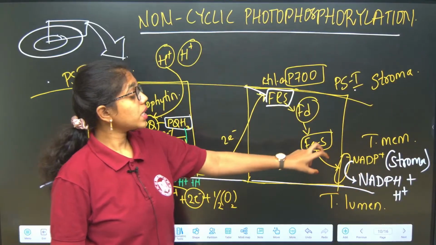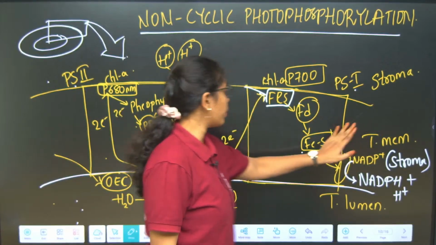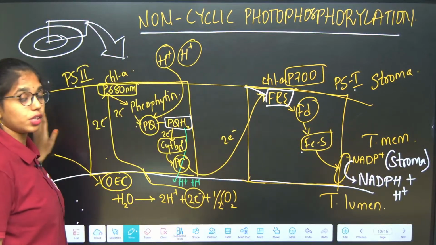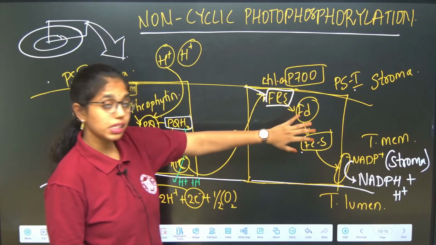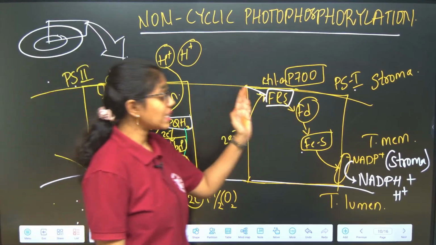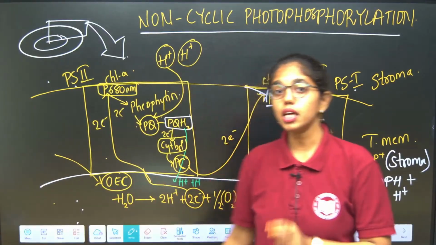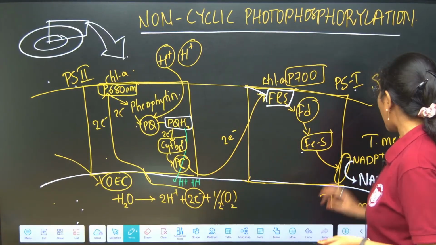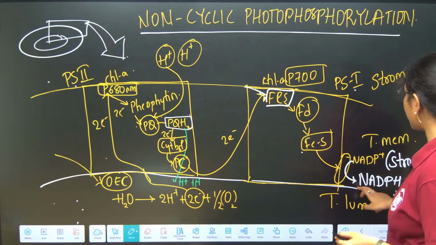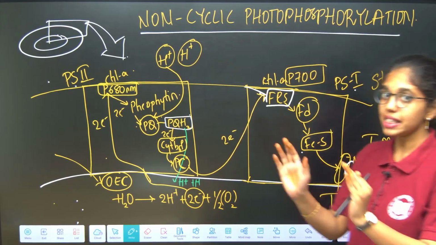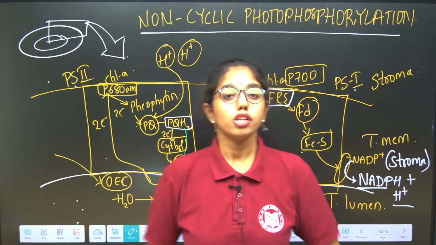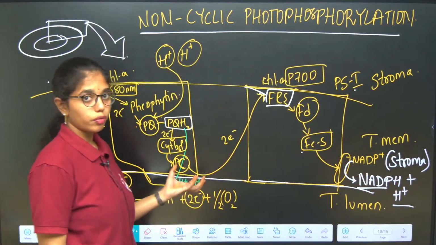Where is NADP+ present? In the stroma, whereas all these electron carriers, which are protein molecules, are present in the thylakoid membrane. NADP+ is present in the stroma of the chloroplast, and it turns into NADPH plus H+ inside the stroma itself. So, this is all about non-cyclic photophosphorylation.